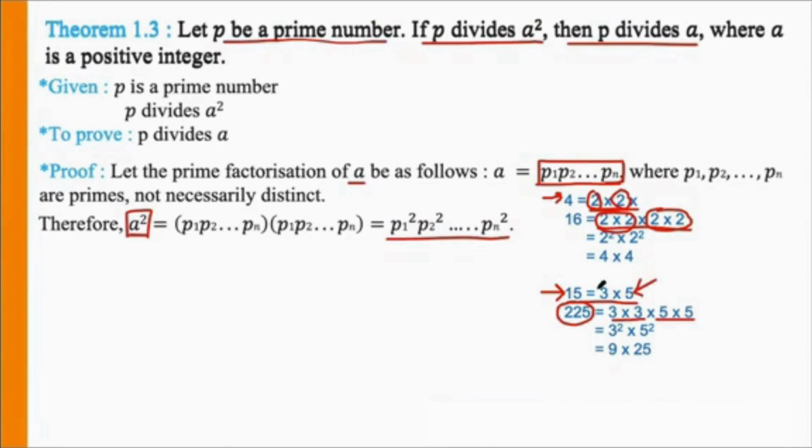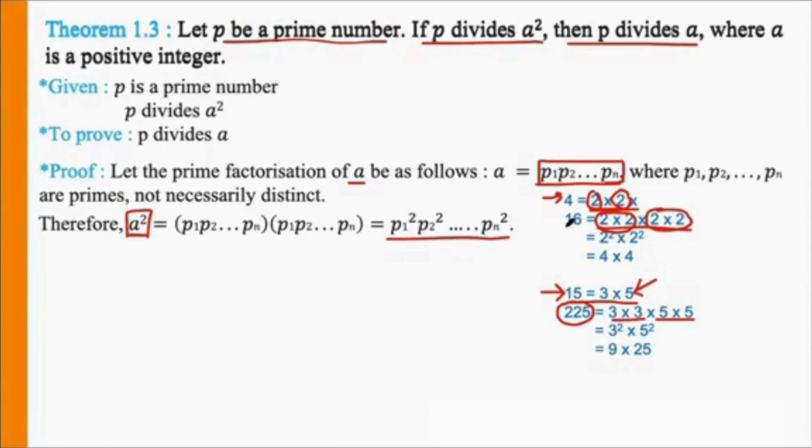So if a number appears once here, it will appear 2 times here, and it will multiply, so it will become a square. So we have 3 square and 5 square, which is 9 into 25. But when we consider the prime factors, remember the prime factors of 225 are only going to be 3 and 5, not 9 and 25, not the square numbers.